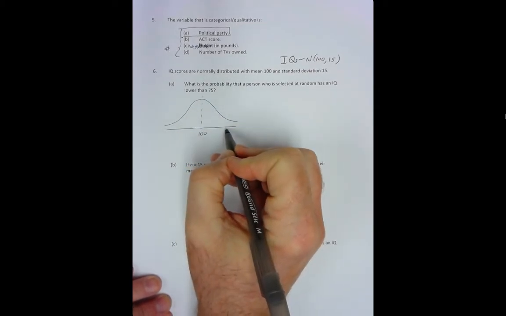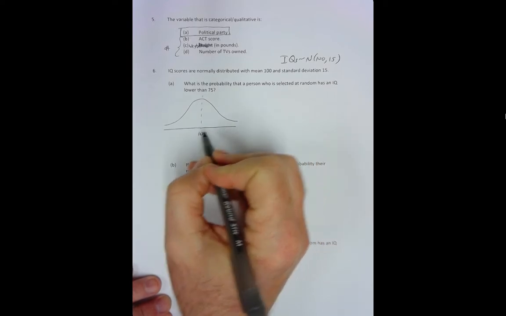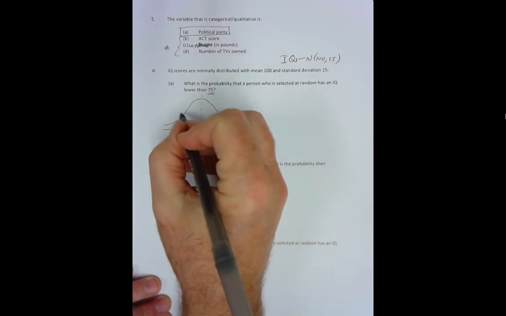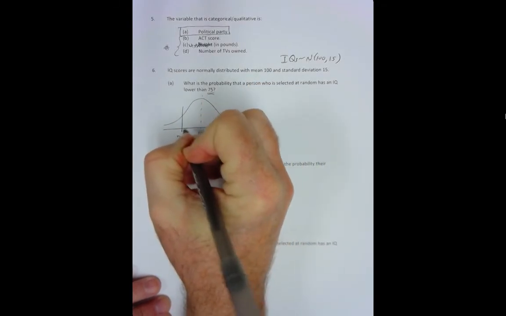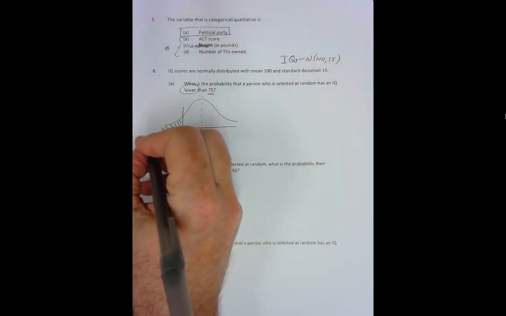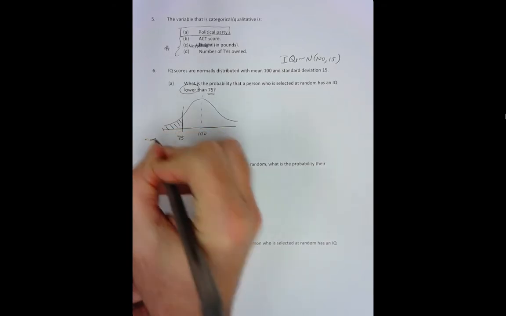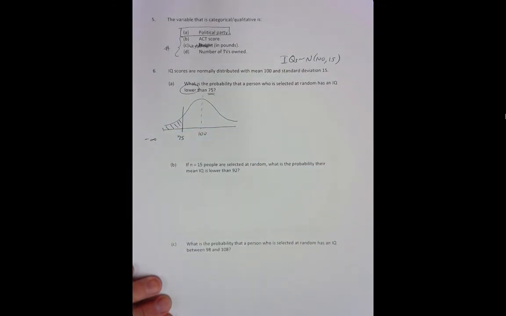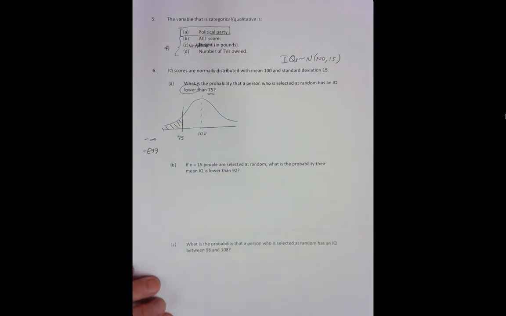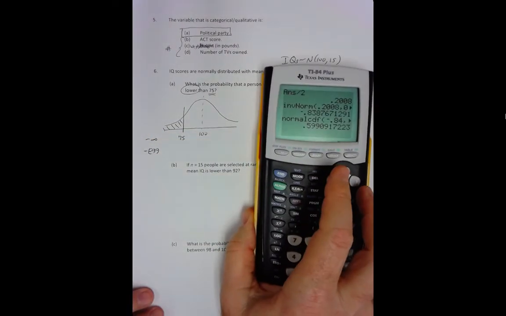Numbers to the right are bigger than 100. Numbers to the left are smaller than 100. Our focus for this particular problem is on 75, and we want the area to the left because the problem asks lower. So if I come all the way to the left as far as I can, I go all the way to negative infinity, which in the calculator is negative E99. So guys, this is going to be an easy problem.